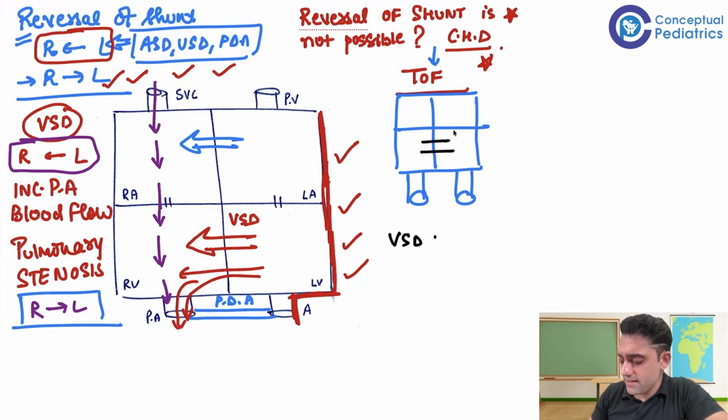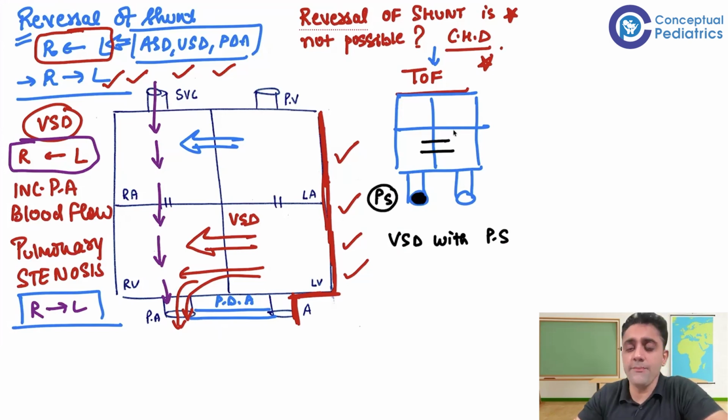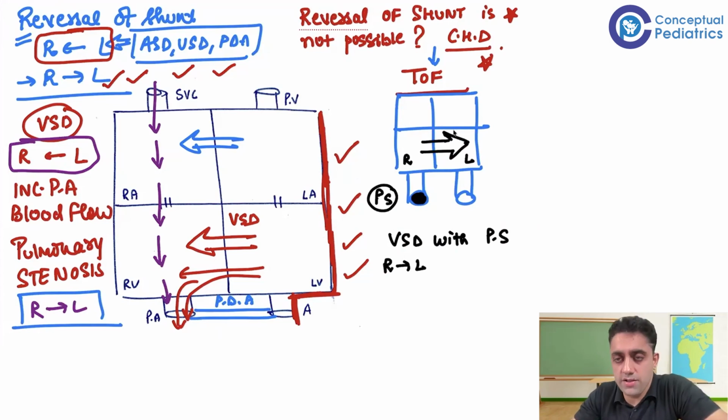There is a VSD with pulmonary stenosis. There is a VSD by birth, but by birth there is also a pulmonary stenosis. So by birth only, the direction of the VSD shunt is right to left.